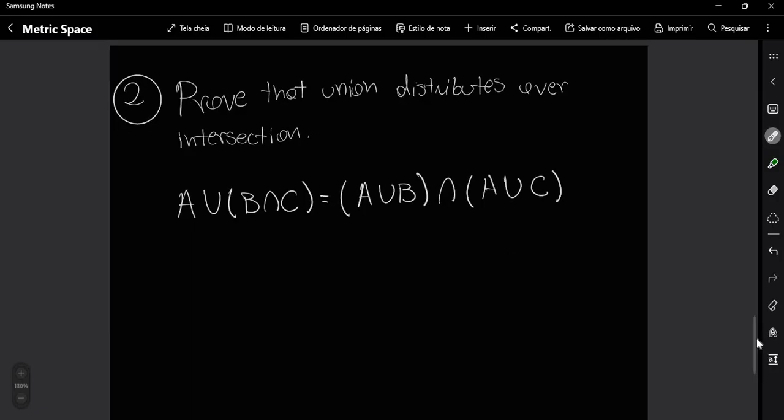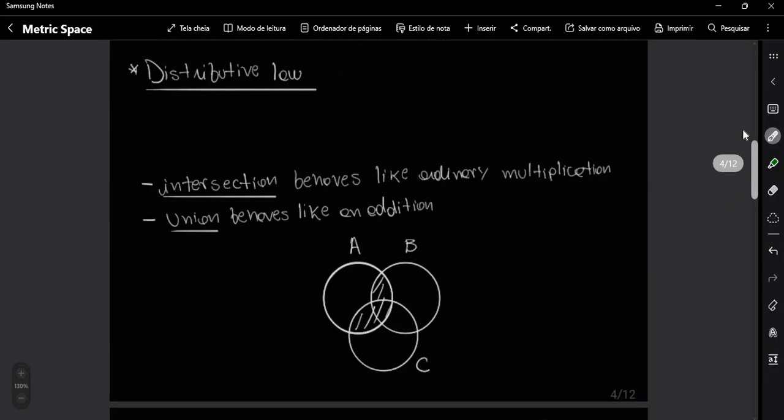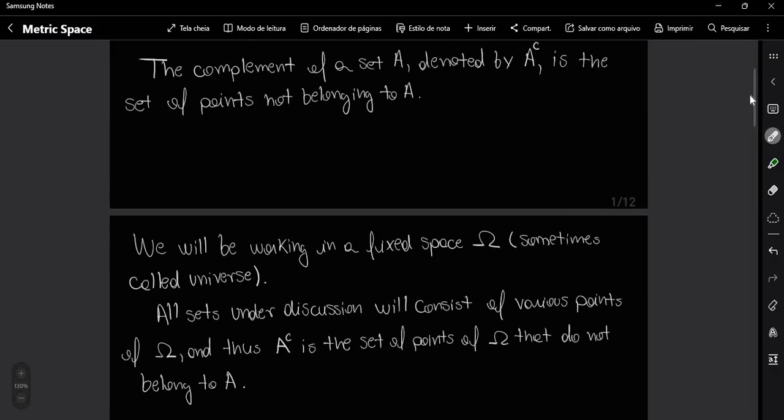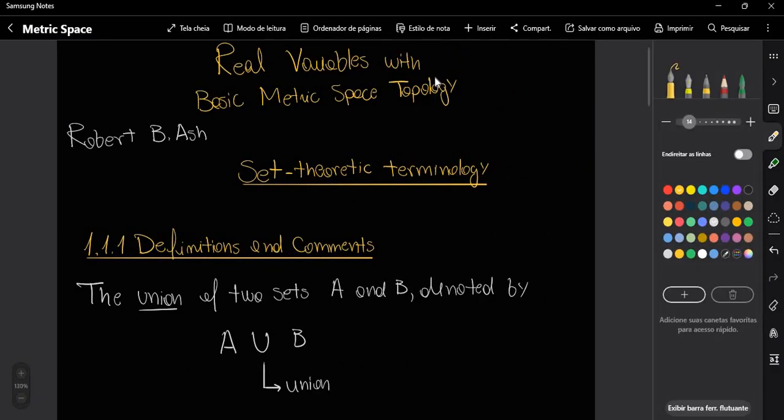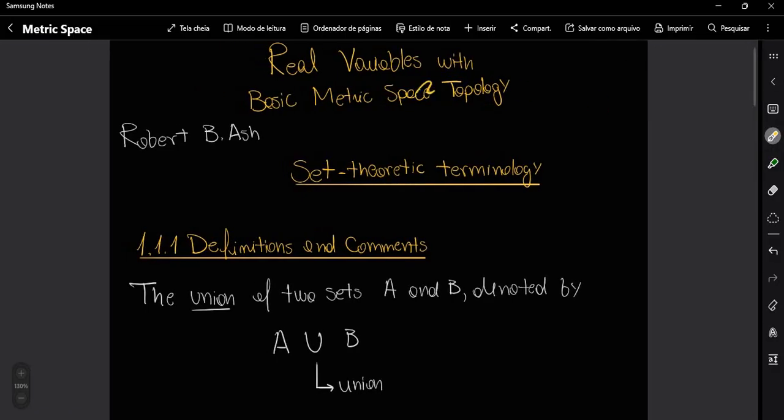Okay, this book is very nice because it comes with the solutions. So again, if you get the opportunity or if you find this book online, it is Real Variables with Basic Metric Space Topology, from the author Robert B. Ash.